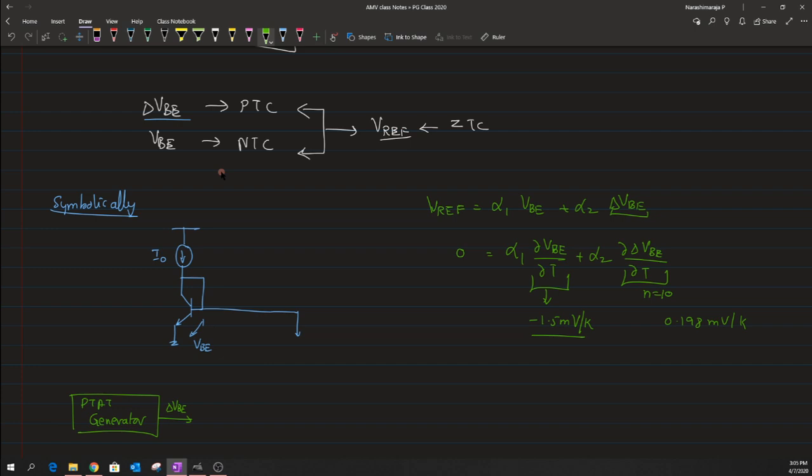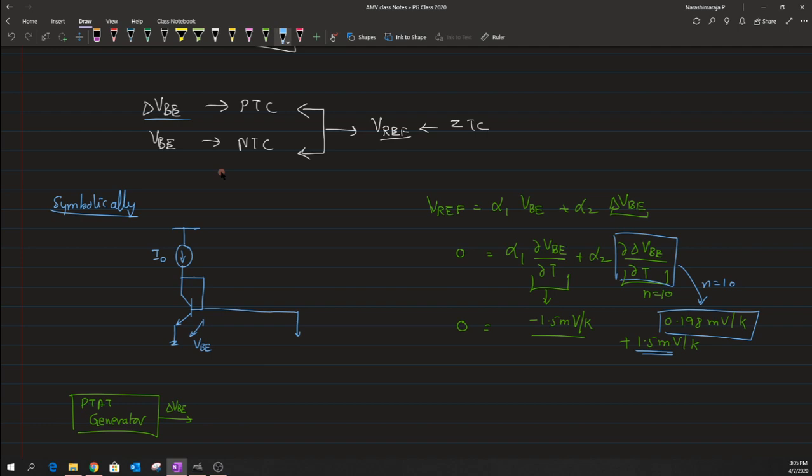So what we wanted is, in order to create a value of 0 towards the left side, we just want to add a 1.5 millivolt per Kelvin term towards the right. But as we know, this quantity that we have here has a magnitude that is quite small for a value of n that is equal to 10. So we just need to amplify this quantity to a value which is equal to 1.5 millivolt, right?